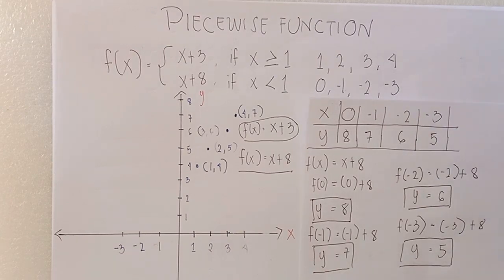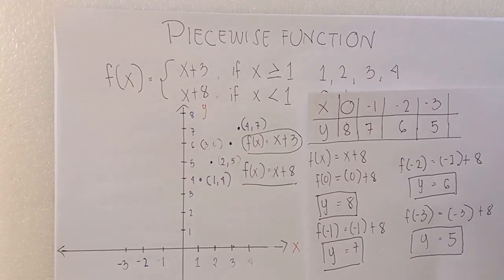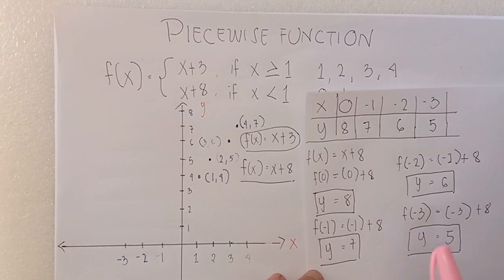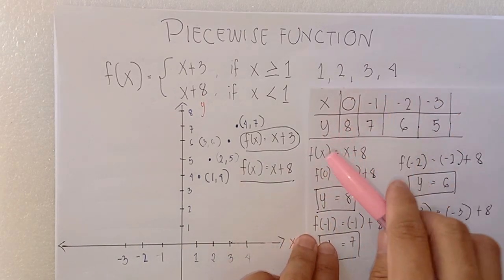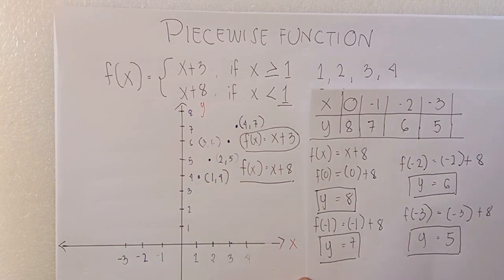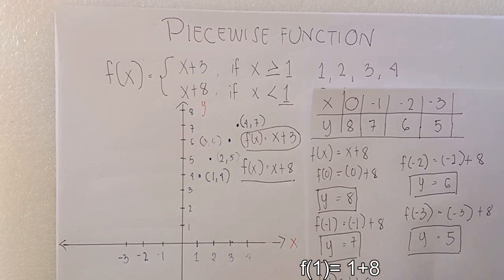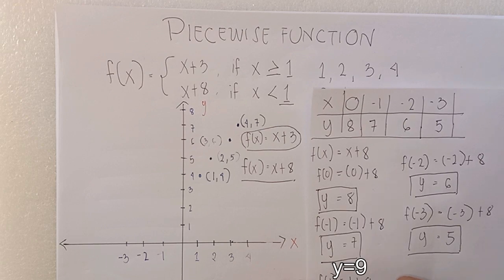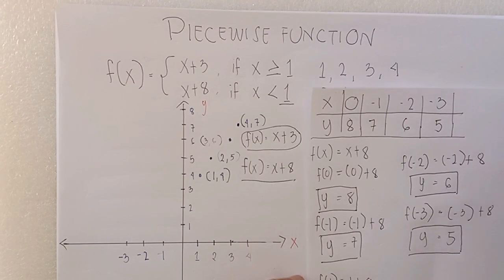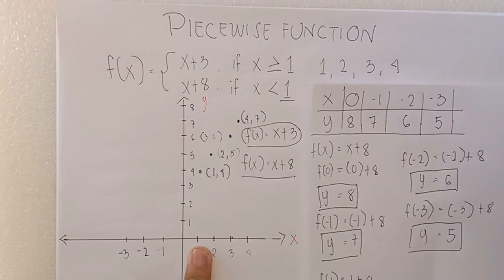Just like what we did for x plus 3, we will graph the data that we get. For the function x plus 8, we will also compute for 1, which is not included. So f of 1 is equal to 1 plus 8, which equals 9. So to graph it, 1 and 9.